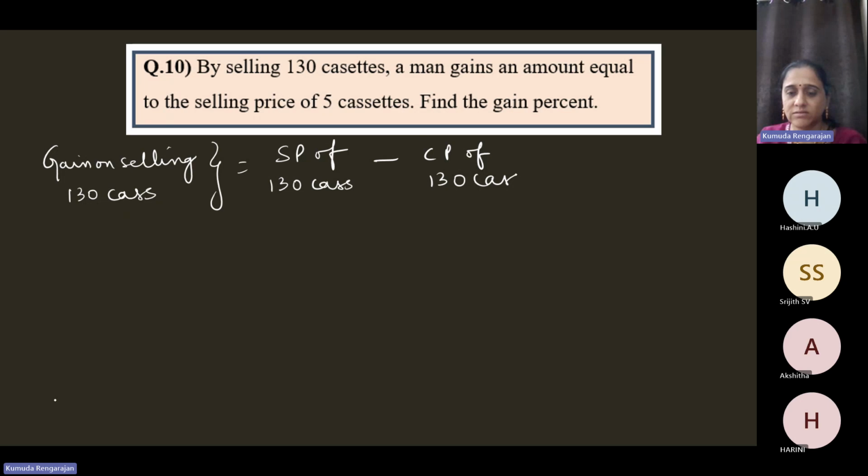Is this correct? I've just written the formula. Gain is equal to SP minus CP, right? So the gain on selling 130 cassettes is equal to the selling price of 130 cassettes minus the cost price of 130 cassettes. We know the formula, gain is equal to SP minus CP.